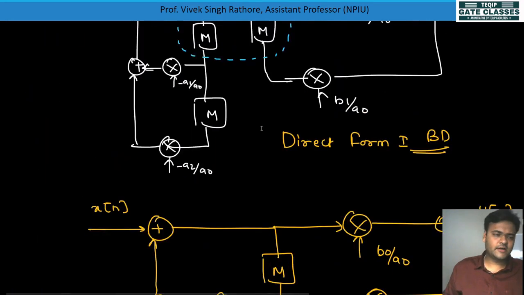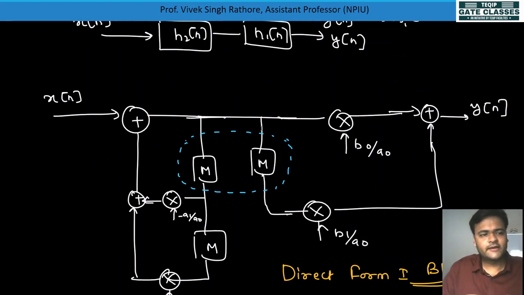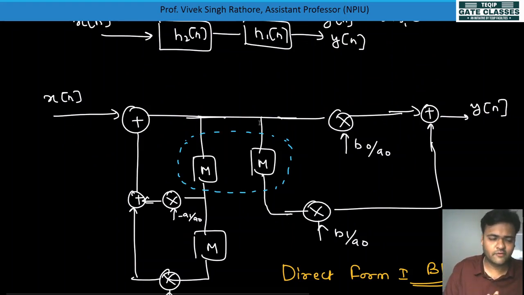So we'll meet in the next lecture with a new module, that is DTFT, and then we'll study DFT also, phase delay, group delay, and all will be covered in the last module, which will be in the next lecture. And I think not more than 4 or 5 lectures are required now. So we'll see you in the next lecture.